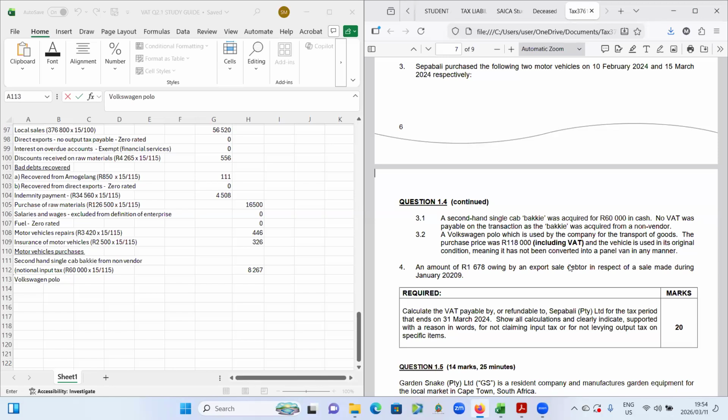It was used by the company for the transport of goods. The purchase price was 118,000 including VAT. And the vehicle is used in its original condition, meaning it has not been converted into a panel van in any manner. What are the VAT implications here?